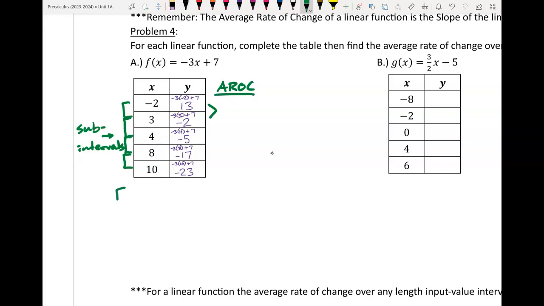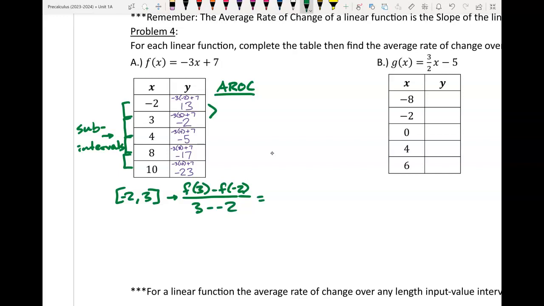So, from negative 2 to 3, our rate of change would be, f of 3 minus f of negative 2 over 3 minus negative 2.